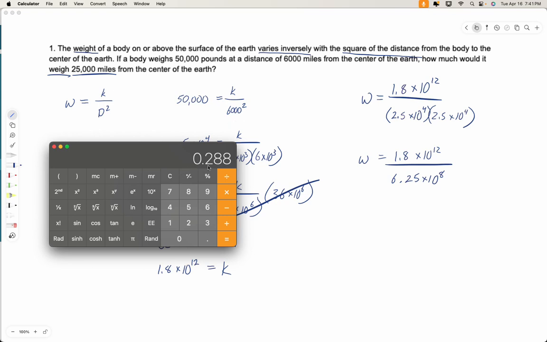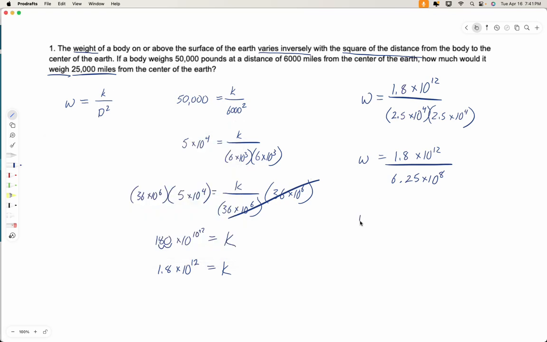That's going to be 0.288. So I take this up to the top, that subtracts. So that would be to the 4th power. But that's not in the right format. I need to move this back 1, so that's minus 1. 2.88 times 10 to the 3rd power. That would be your answer.